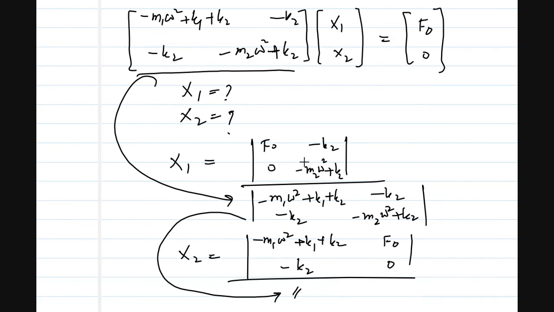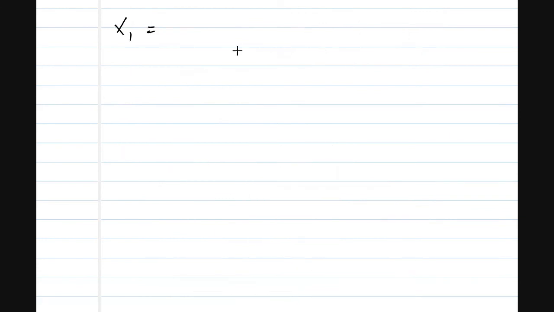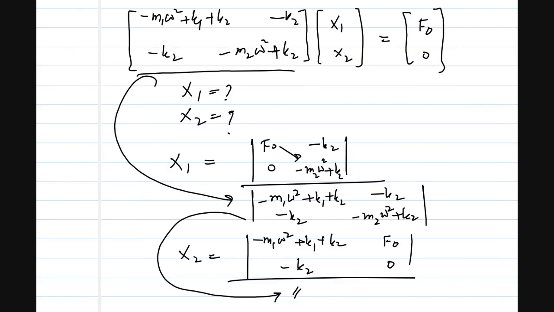For that, x1 is equal to f naught into minus m2 omega square plus k2, I think so, just verify it from the last step.